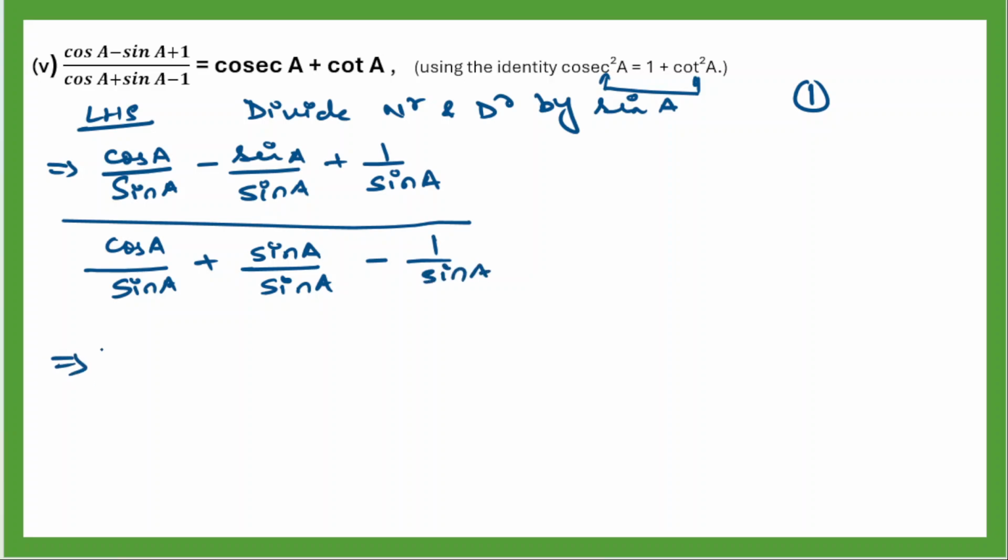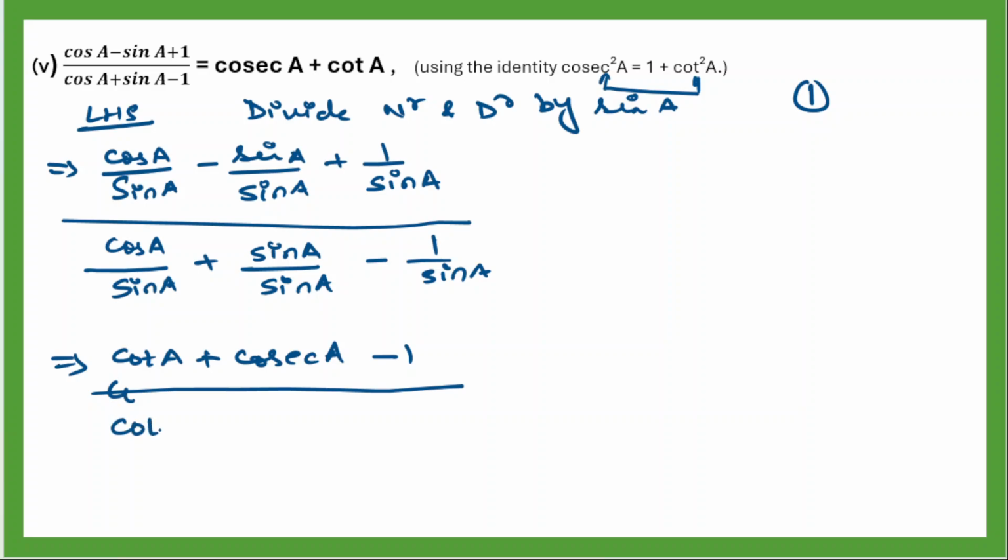So we can write this as cot a, and this as cosec a, so this is cot a plus cosec a minus 1, divided by the denominator cot a minus cosec a plus 1. Now you can see that our left hand side has become a form of cot and cosec, as required in the right hand side.